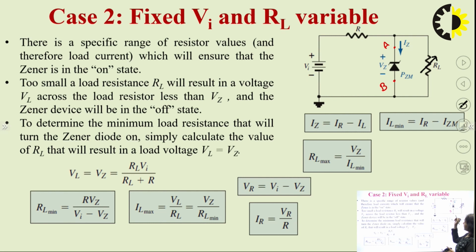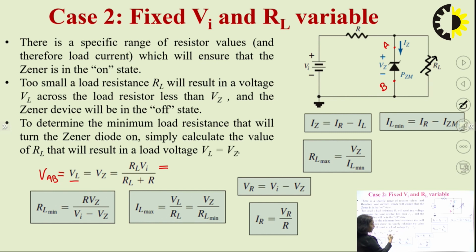So first step, I need to calculate the minimum value of the load resistance. For that, we use the voltage divider theorem. So from this equation, we can calculate the RL minimum. Because we want to keep our Zener diode in on state, VL or VAB must be equal to VZ, which is known to us, and we don't know the range of the RL, so RL minimum can be calculated.